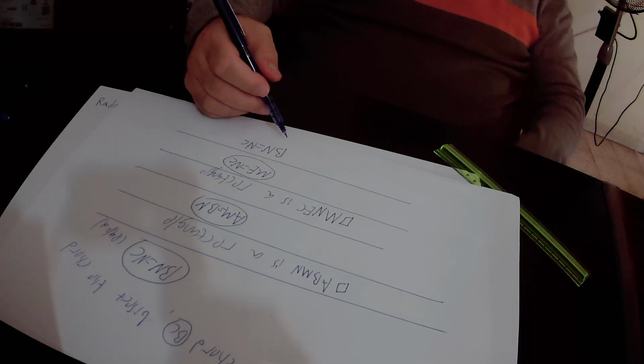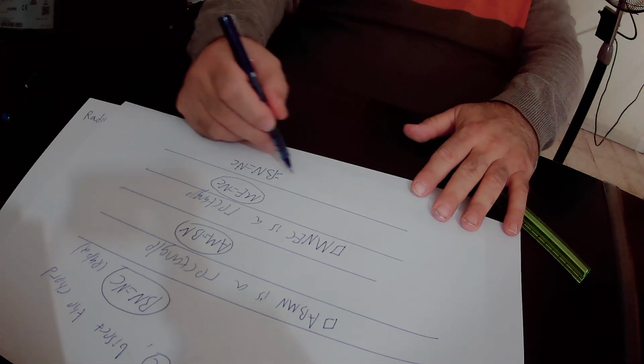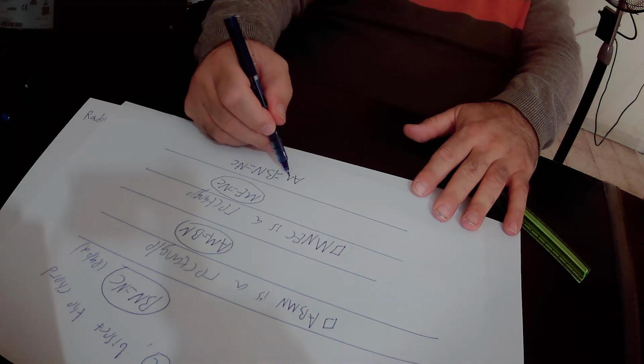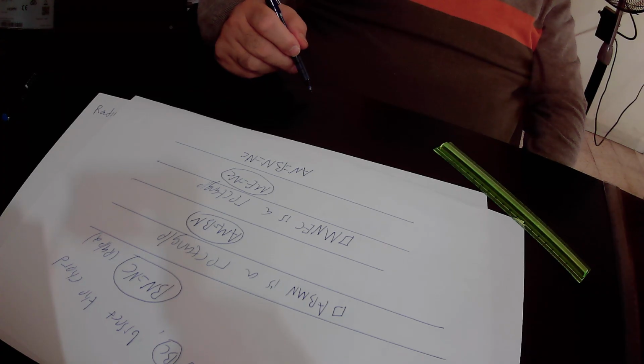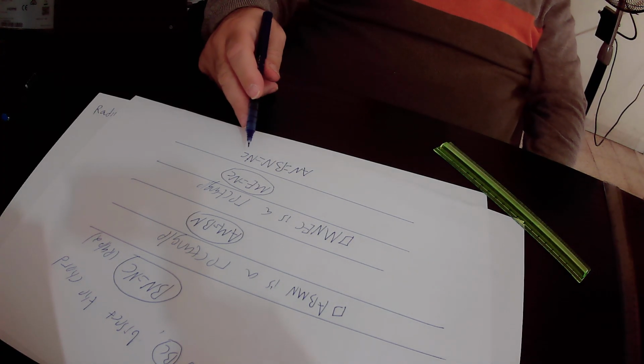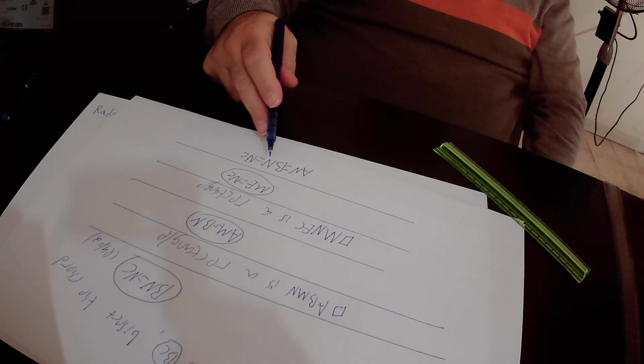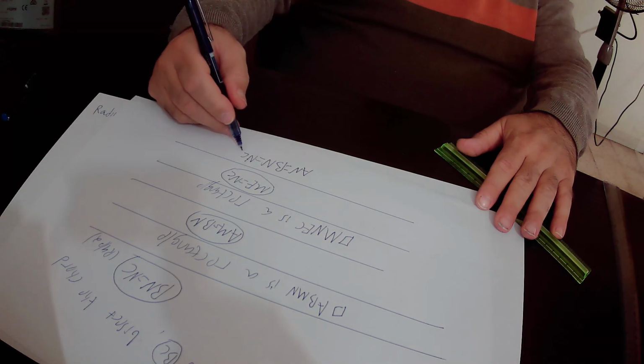So we can write here that BN equals AM. And finally, according to the same rule, we found out that NC equals ME. So we can write here that NC equals ME.